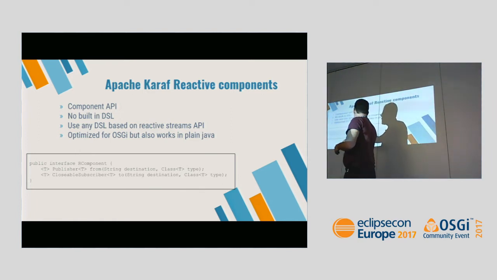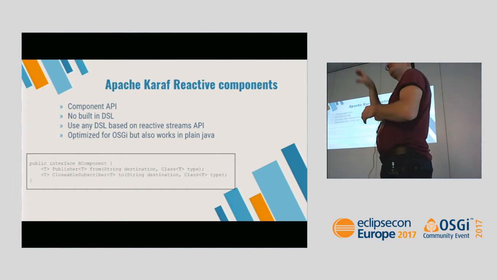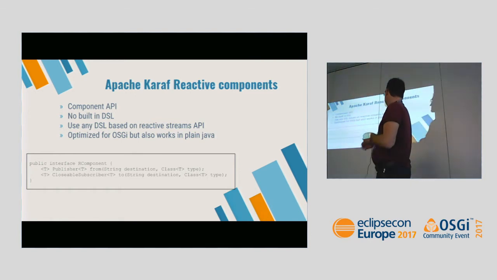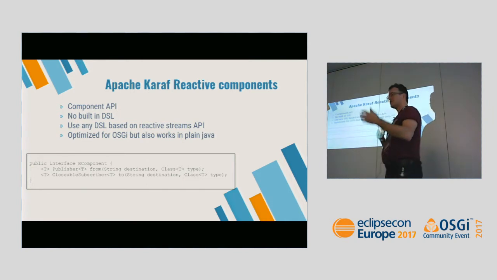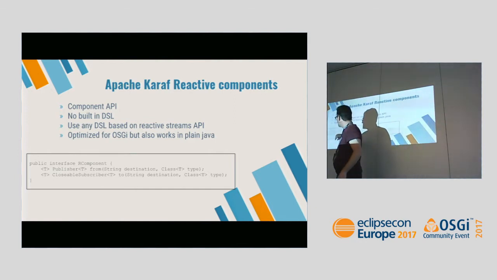Then there is to, which is the other side. So in the end of such a Flux DSL, for example, with Reactor, you could say, I want to send to some external protocol, and can also say what is my type that is coming into that external thing. And this is something I had to extend.